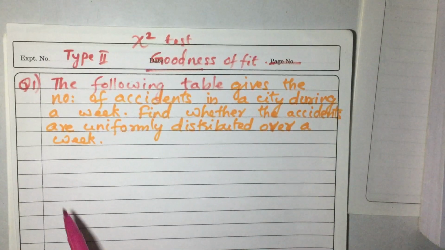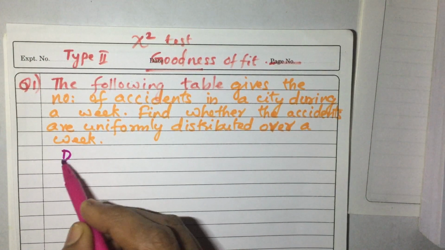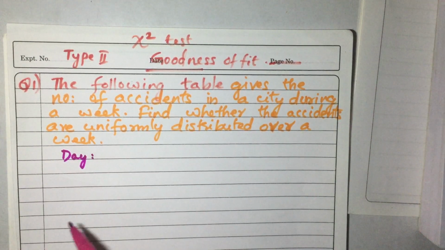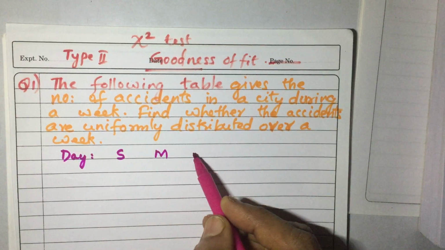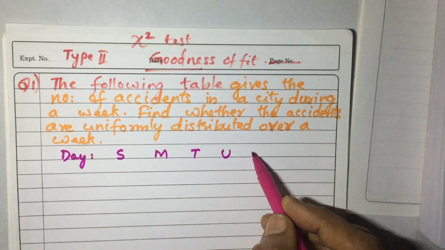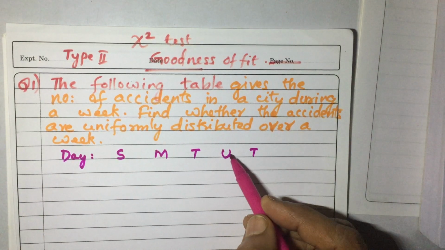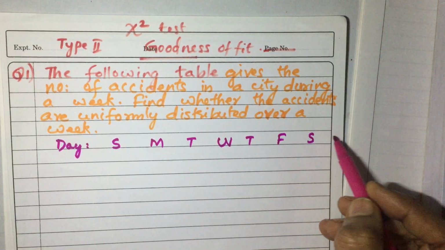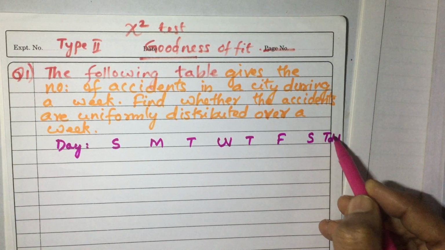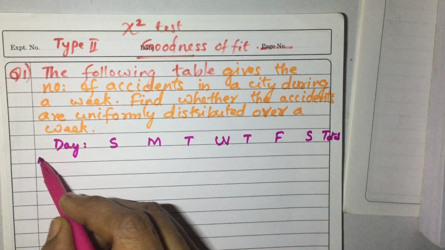So here it is given the number of accidents in a week. Sunday, Monday, Tuesday, Wednesday, Thursday, Friday and Saturday, and total. And here, number of accidents.